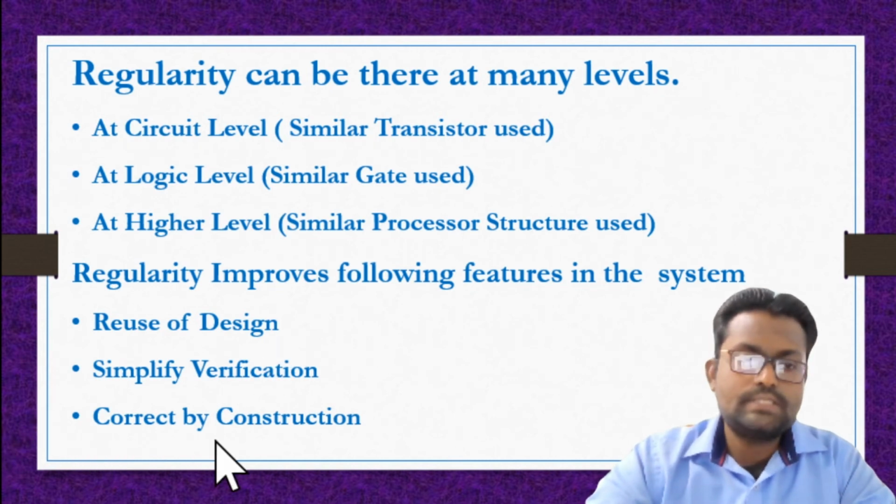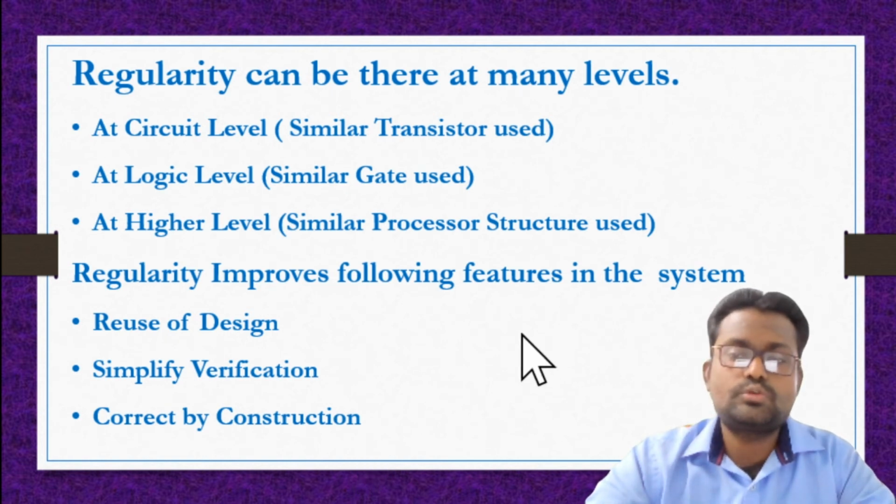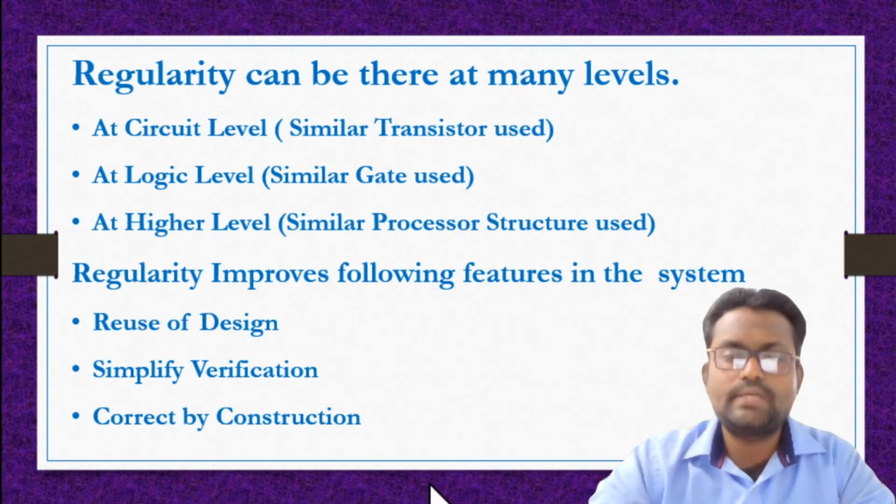Now the third one is correct by construction, that means if any error occurs, you can easily correct the error in the system, because the whole element is of similar type, so you can easily understand what happened in the circuit.